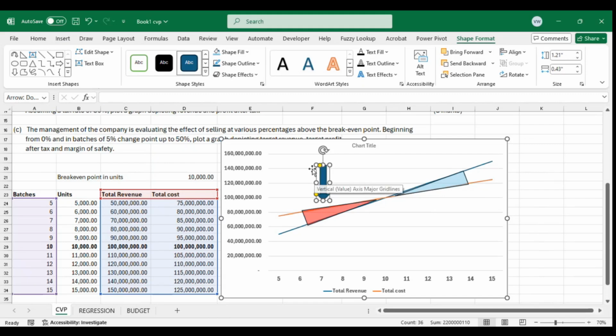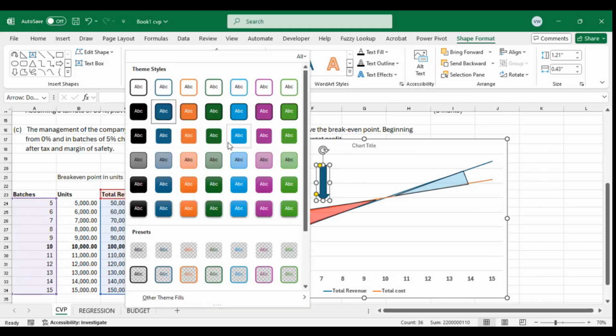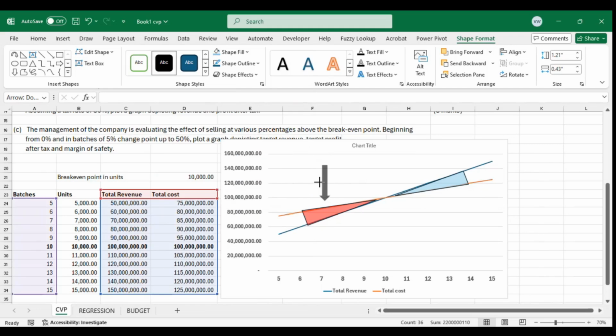So, let me see. I can make it black and probably you can resize it.